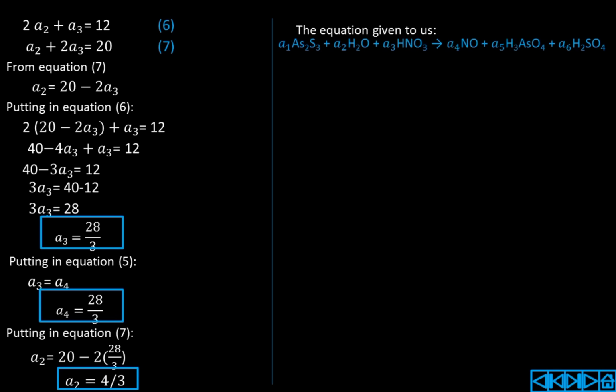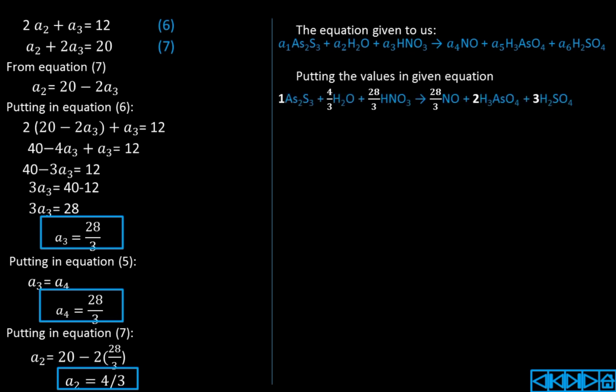Now this was the equation that was given to balance. As we have calculated the values for the stoichiometric coefficients a1, a2, a3, a4, a5 and a6, we can easily put these values, and here we have a balanced chemical equation.